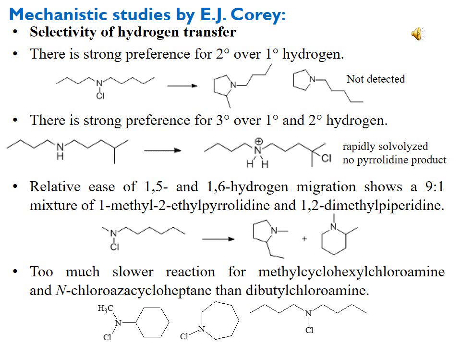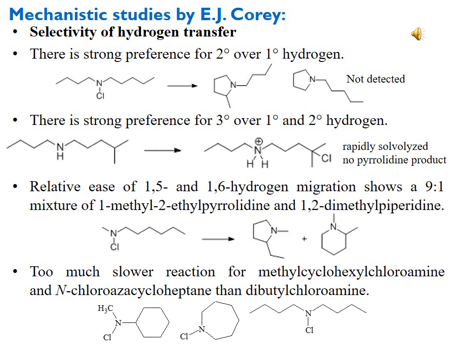But after that step, it is readily solubilized by the medium, and we do not get the pyrrolidine product. So it is concluded that tertiary was given preference over primary and secondary, but the tertiary form was not able to be converted into product due to a solubilization problem.